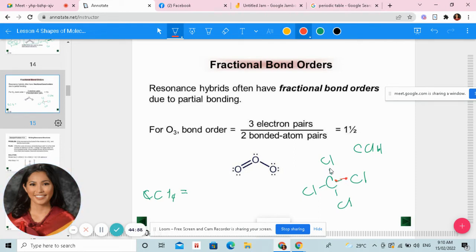One pair, two, three, four. Okay, we have four electron pairs.